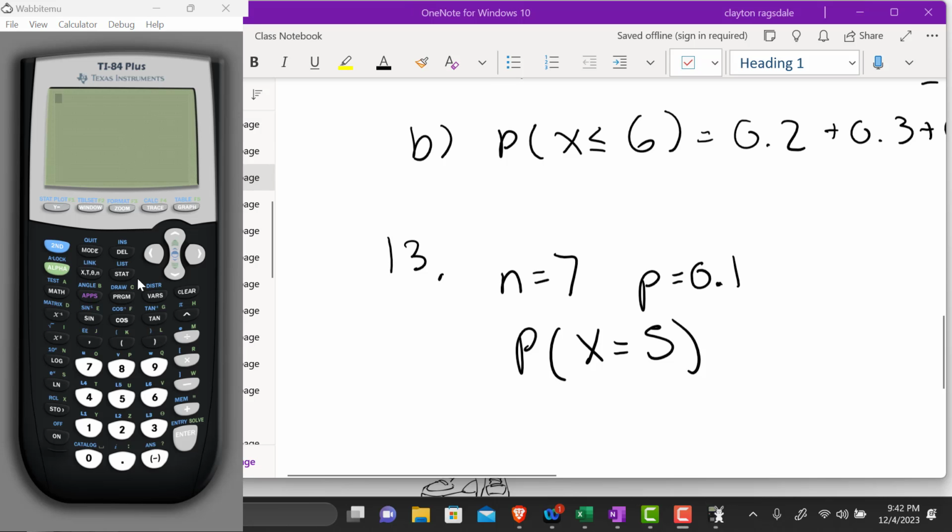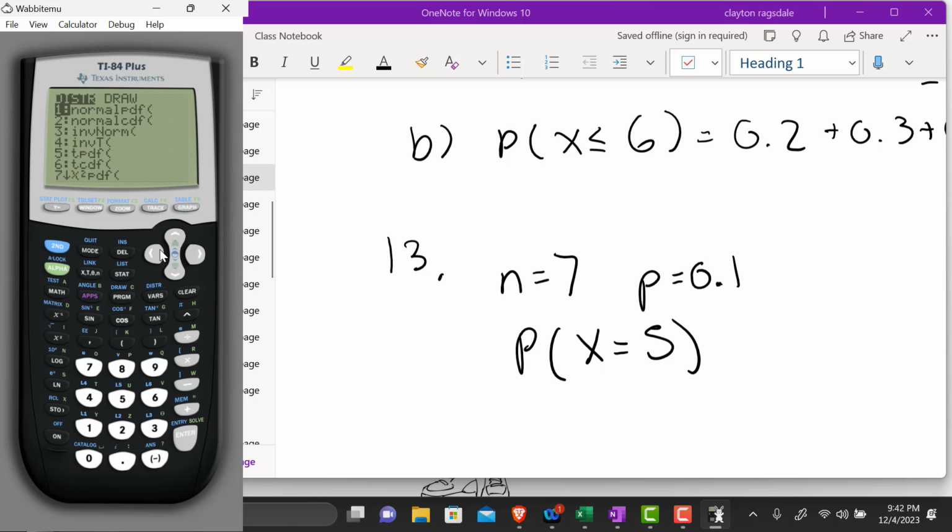Okay, now let's remind myself. I believe I go to Stat. I want to go over to Tests, I think. Maybe not. Let's try another way. Maybe it's second. It's not second stat, is it? Bars. That's right. Second bars.